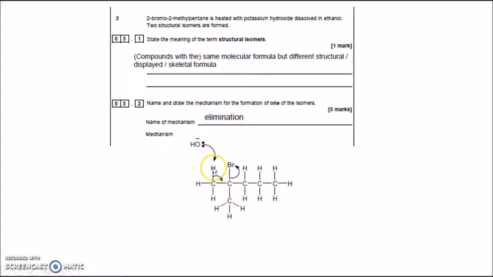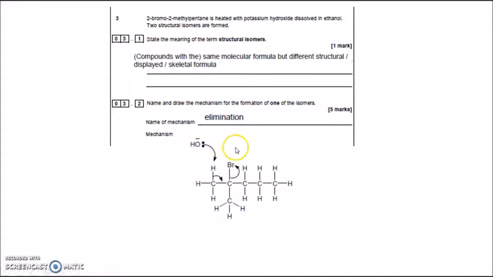This bond needs to break to allow that H and OH minus to form the water, and those electrons go between the 2 C's, and we're going to end up with a double bond there, and the Br breaks off to allow that C to have a double bond here and 1 bond there and 1 bond there, and retain the number of bonds. You actually don't get a mark for drawing what's formed, but we're going to get water. We're going to get CH2, a double bond to a C, CH3, CH2, CH2, CH3.